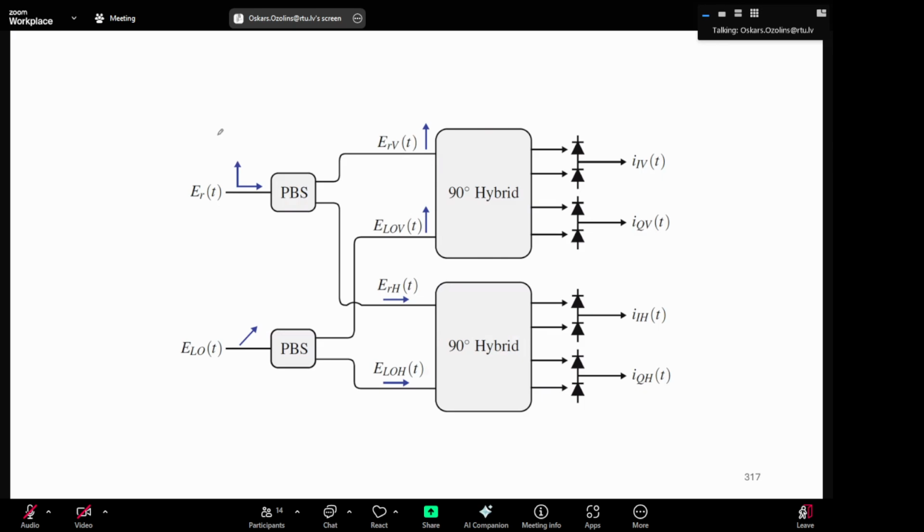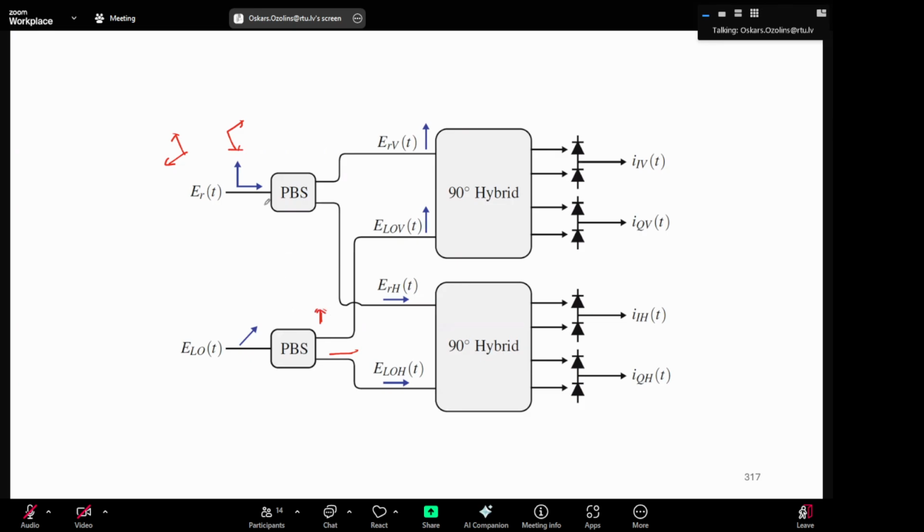Probably in real life it is something rotated like that, or rotated like this. But for simplicity, we assume this case. So you get one signal, one polarization in one, another in the other. So here you have a 45-degree polarization. When you split this one, it splits into this polarization and that polarization. That is just how a polarization beam splitter works.